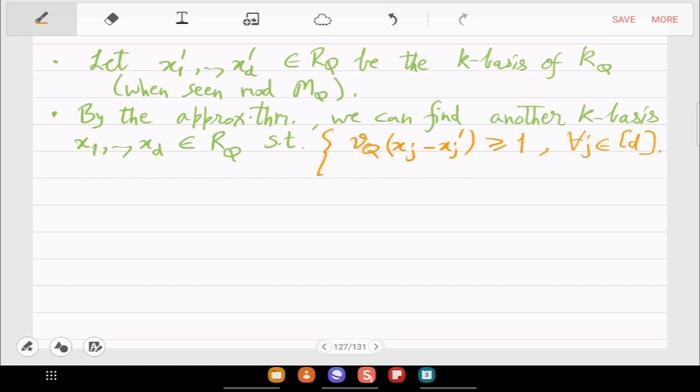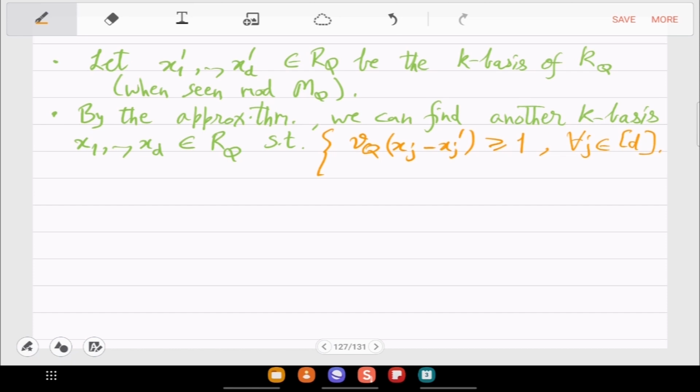By that I mean that the valuation should be at least 1, which means that xj and xj prime are the same mod mQ, right? So xj is just xj prime plus some maximal ideal element. So they are approximately the same.